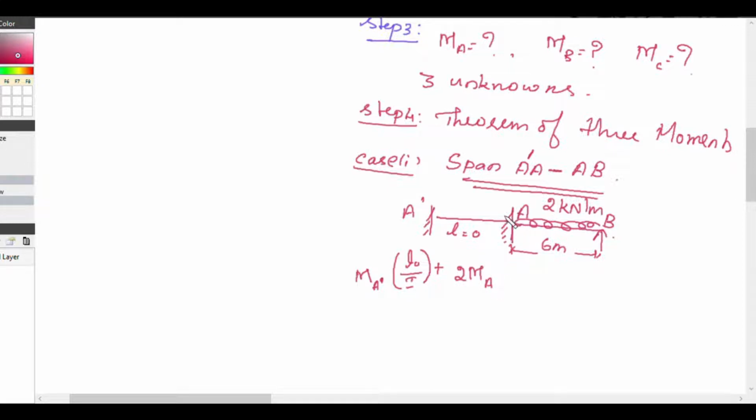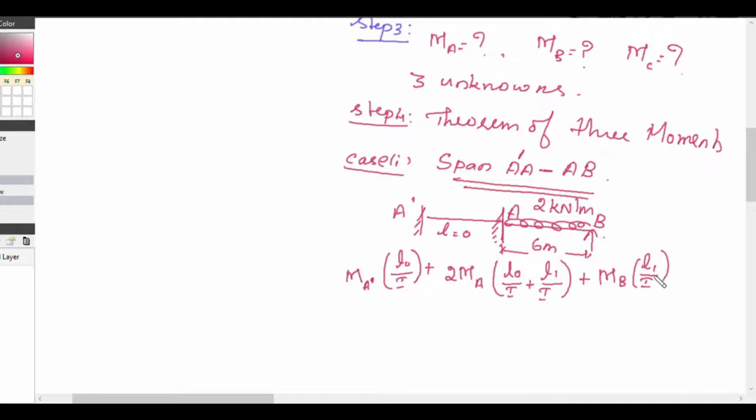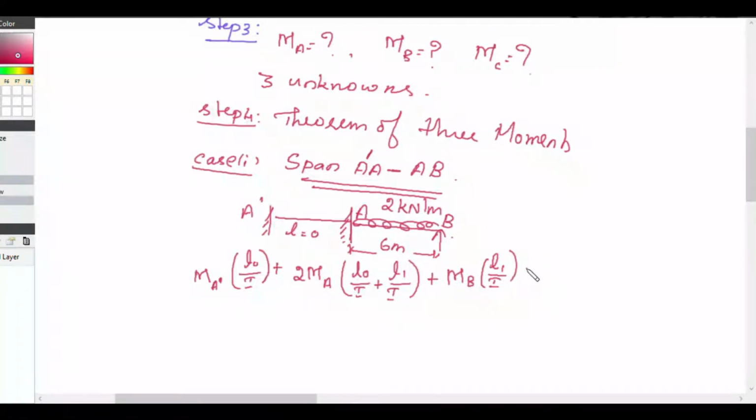Here the intermediate support is A, into L naught by I plus L1 by I, plus MB into L1 by I is equal to minus 6 into A naught X naught bar, because see, naught represents the imaginary span.